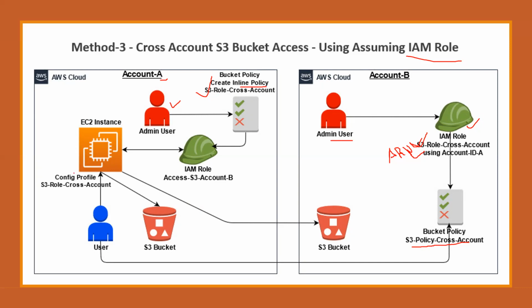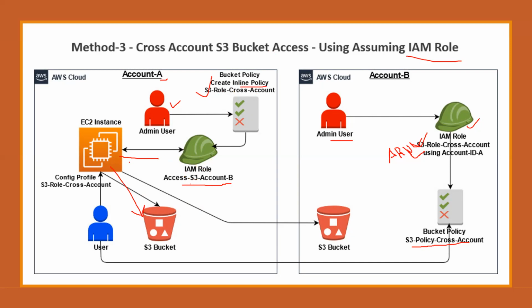And the second thing: we will create this role in this account also, using this inline policy. The same policy we will implement on the EC2 instance for accessing the same-region bucket. We can access it.